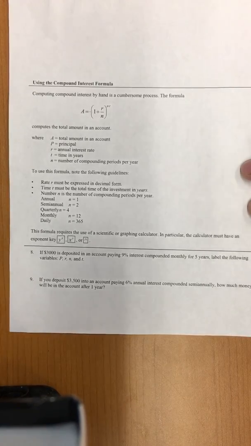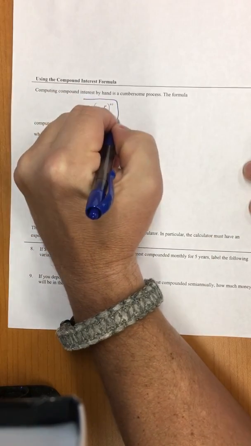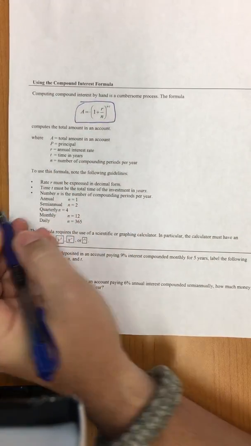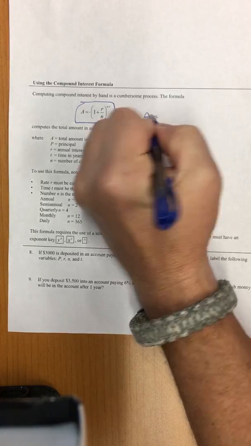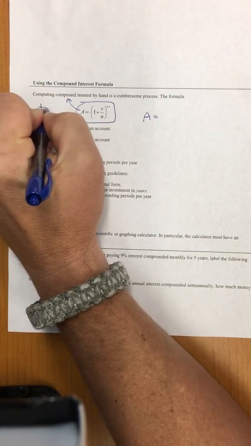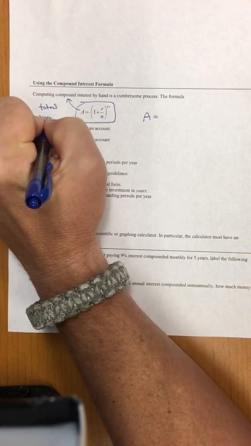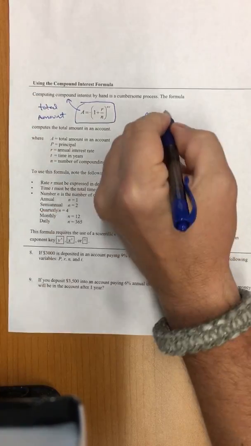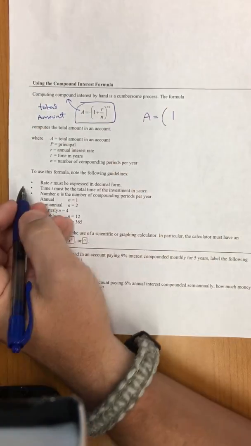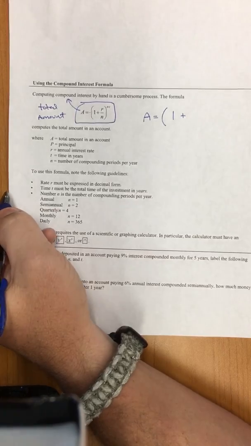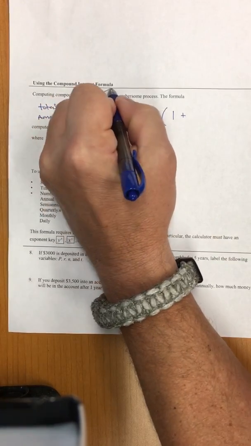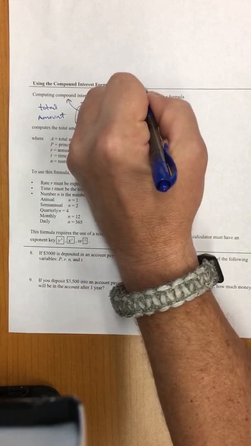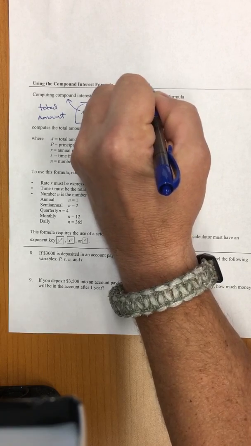So doing it by hand, which is what problem 7 wanted us to do, we're not going to do that. We're going to use the formula. Let me explain what everything is. A is how much you're going to end with, so this is going to be your total amount. 1 is just the number 1. R, again, is your rate, written as a decimal.